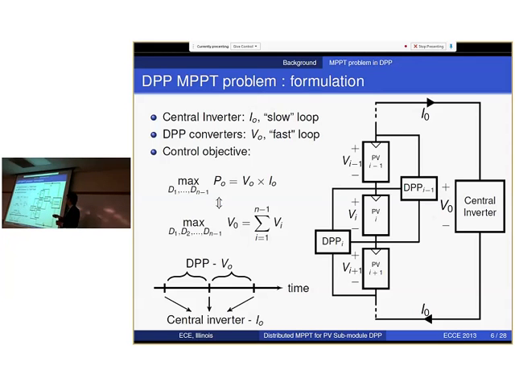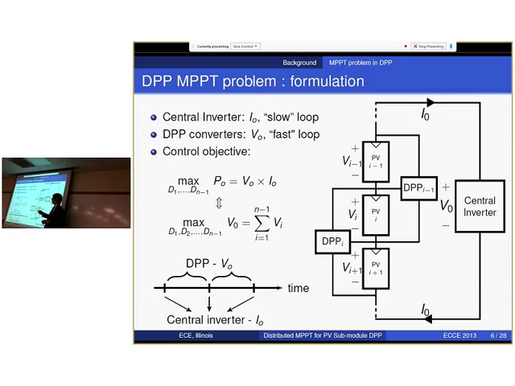At the same time, DPP converters are typically switching at a much higher frequency than the central inverter, so compared to the slow control loop, their time constant is much smaller. So at any given time, for these DPP converters, the string current can be viewed as a fixed value, which means in this control objective, current is fixed.